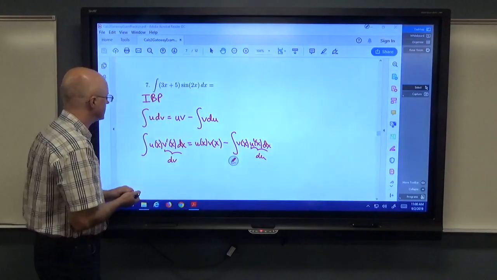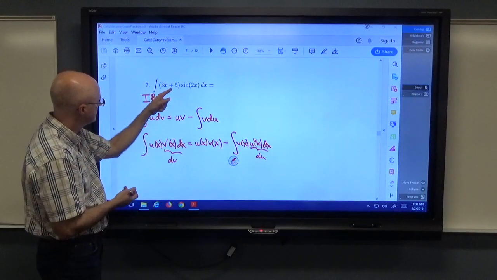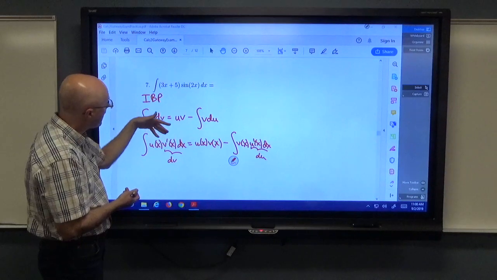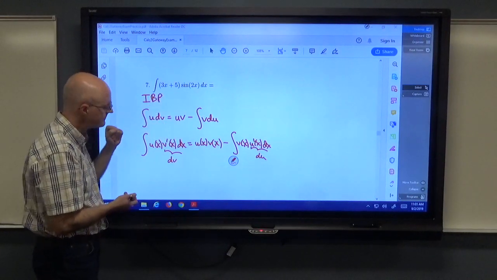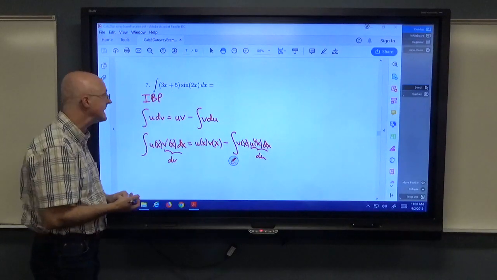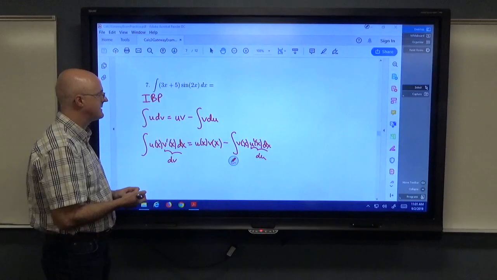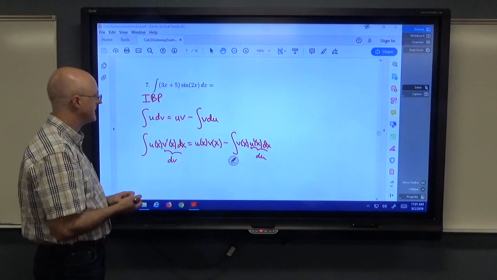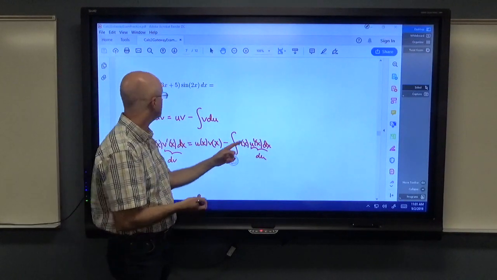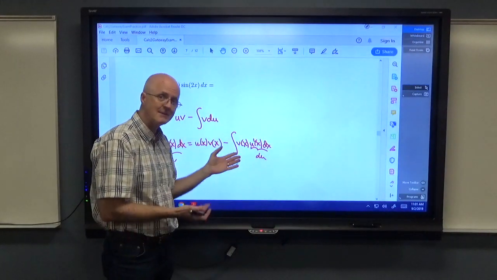In that situation, it's best to let u be the 3x plus 5, and dv, or v prime, be the sine of 2x. If you think of it as dv, you'd want to add on the extra dx. If you do it that way, it makes the integral possible to do, because you end up getting u prime to be something simpler, 3 in this case, and this integral ends up being easier to do.